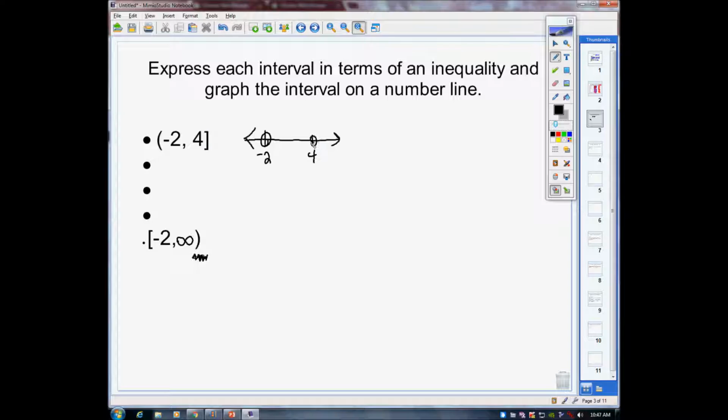And when we have that statement, we assume that the numbers between negative 2 and 4 are shaded. On this one, we're at negative 2. That's a bracket, so we're going to do a closed circle. And this is going to positive infinity, so it looks like that. And that's essentially x is greater than or equal to negative 2. Pretty simple.